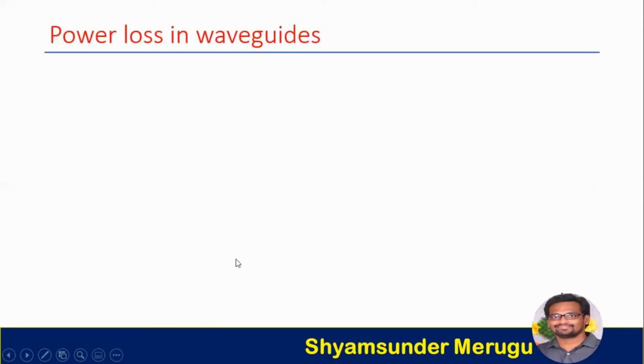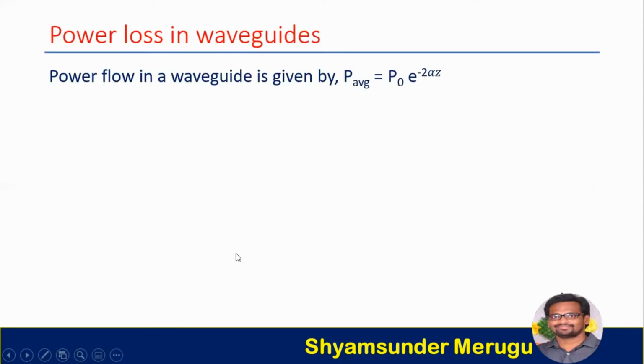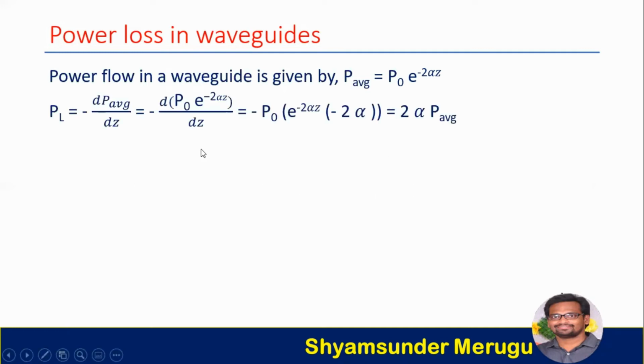Let us see what could be the power loss in waveguides. The power flow in the waveguide is also written as the average power equals P naught e power minus 2 alpha z, as it is propagating along the z direction with the input power P naught. There we can write the power loss as minus d by dz of P average. So minus d by dz of P average, with P average being P naught e power minus 2 alpha z.